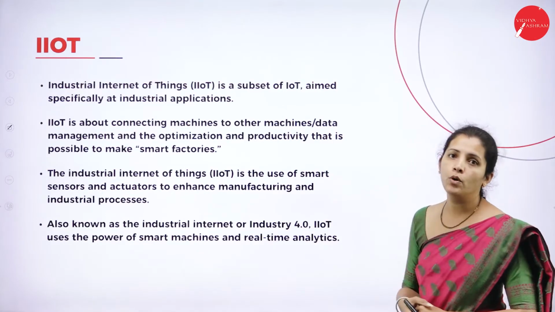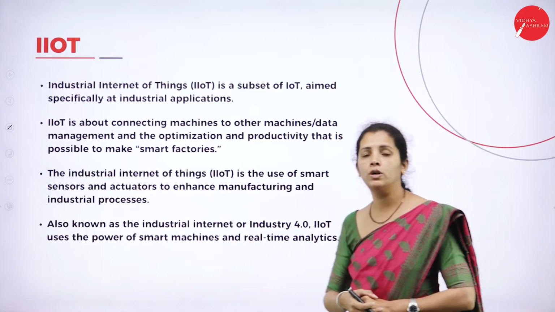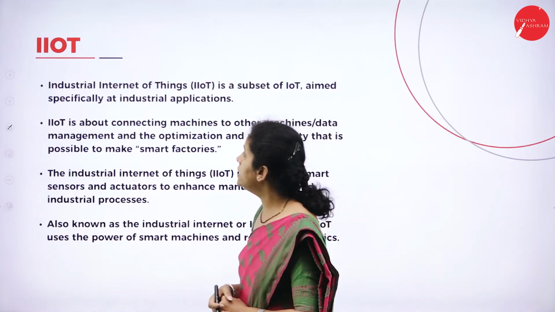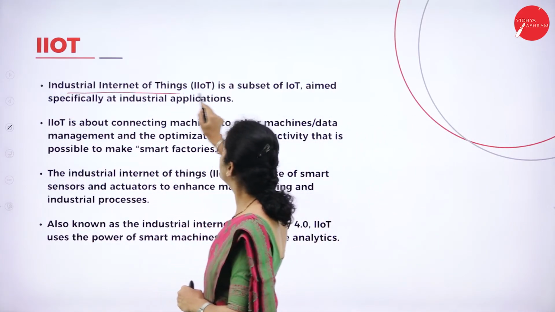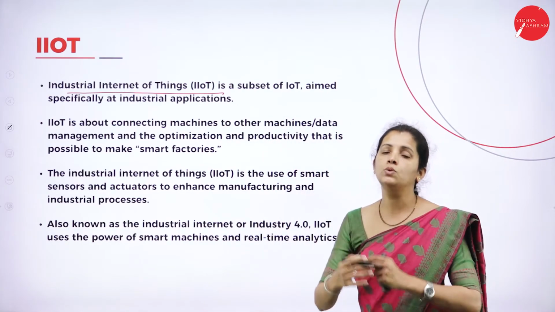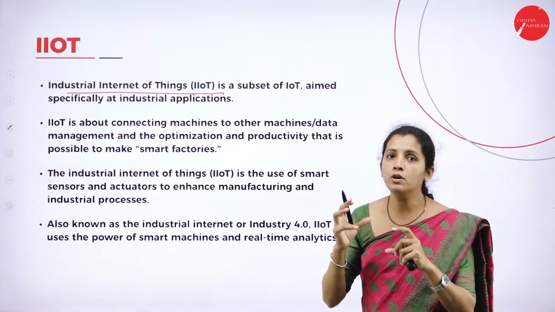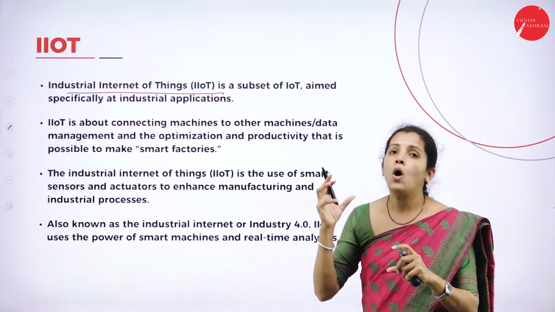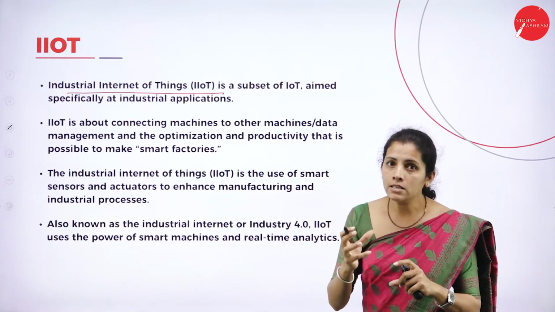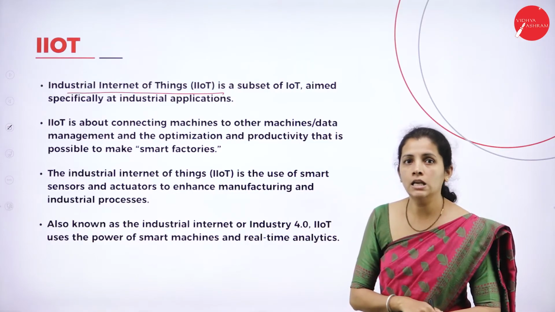Moving further, I'm going to talk about IIoT. So what is this IIoT? It is nothing but Industrial Internet of Things. Till now, what we discussed is related to our real life, that means how we can manage all the devices which we use in our daily life.